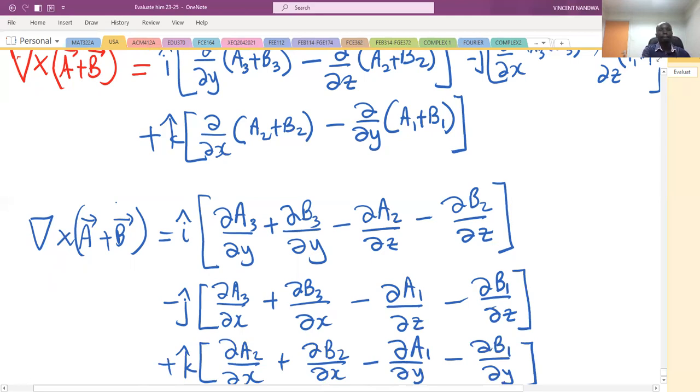Now the next step we do is to group A's together and B's together in each of the brackets.